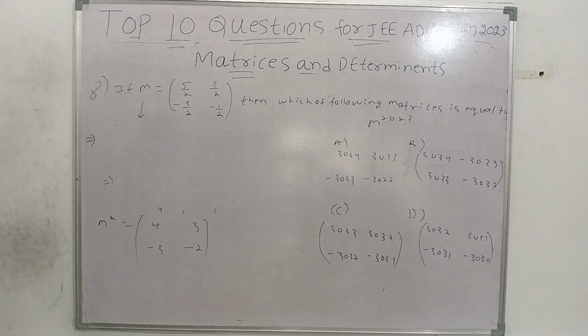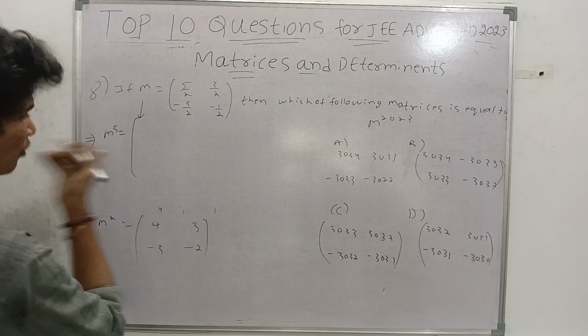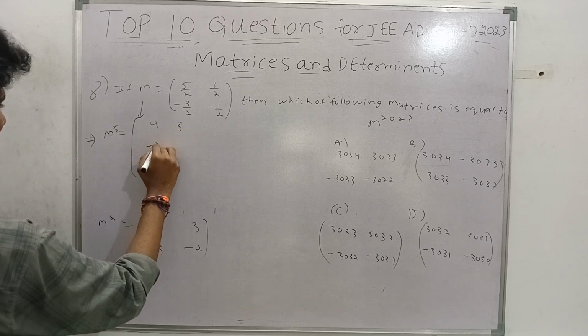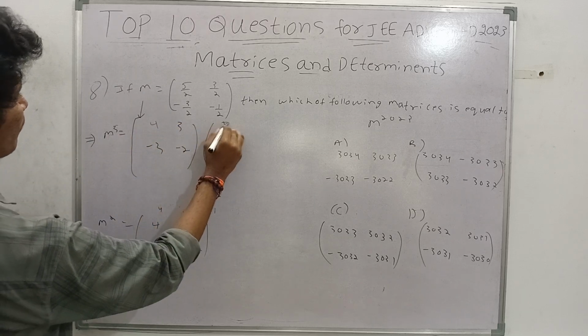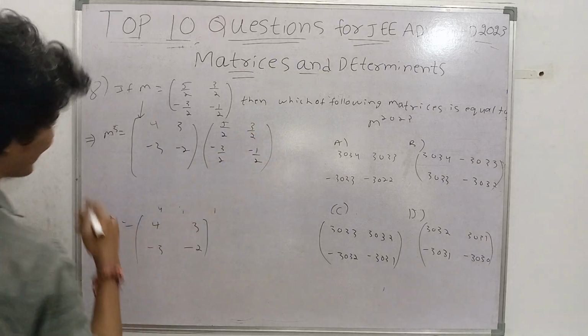So we got M square here, and now we have to find M cube. M cube is 4, 3, minus 3, minus 2 into 5/2, 3/2, minus 3/2, minus 1/2. Like this you have to multiply.